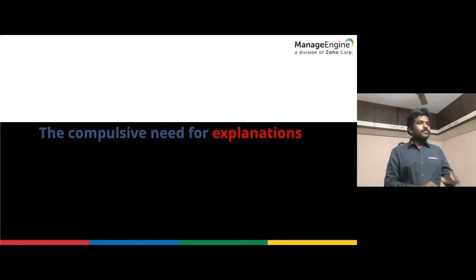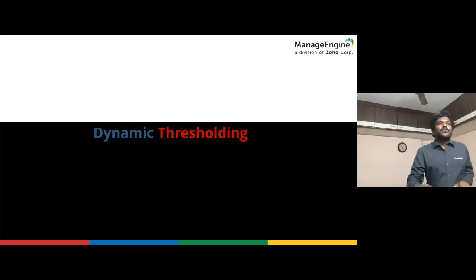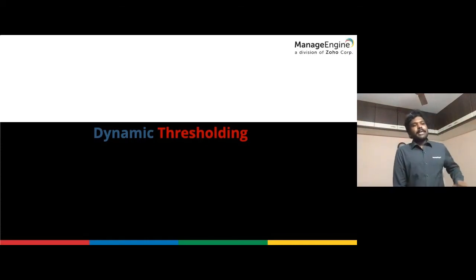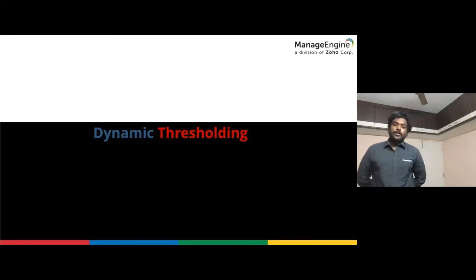So you can also see that the idea of dynamic thresholding, like I said, is very rule dominant. So you would have configured static thresholds, but you need to have dynamic thresholds that take in the factor of trend and seasonality, so that it can alert you accordingly.